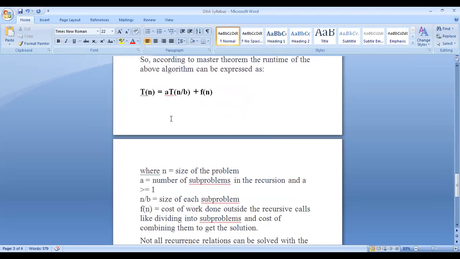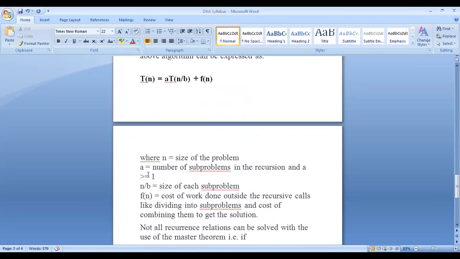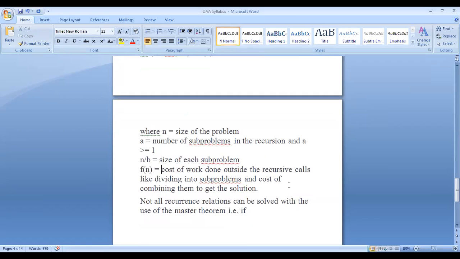Here n is the size of the problem, and a is the number of sub problems in the recursion, always greater than or equal to 1. n by b indicates the size of each sub problem. f of n is the cost of work done outside the recursive calls, dividing into sub problems and combining to get the solution.